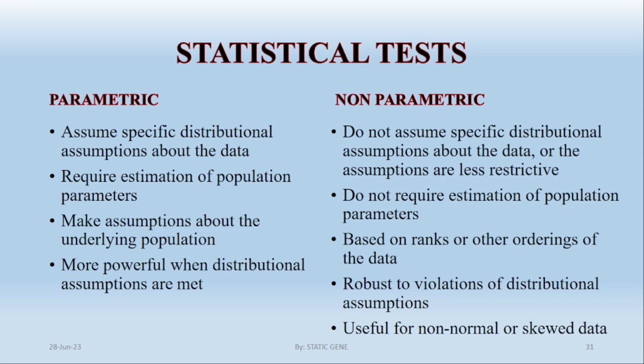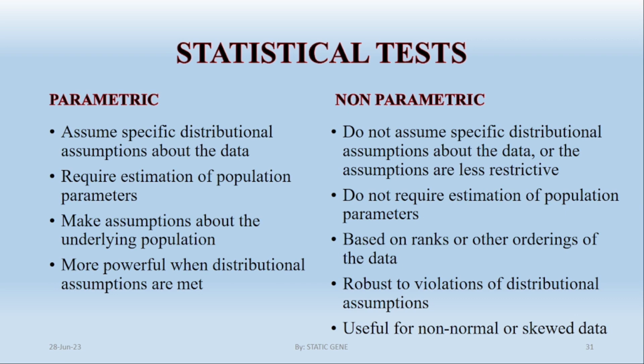Parametric tests assume a specific distribution about the data, but non-parametric tests do not assume a specific distribution. In parametric, there is an assumption, for example, that the distribution is normal. That's the assumption made.